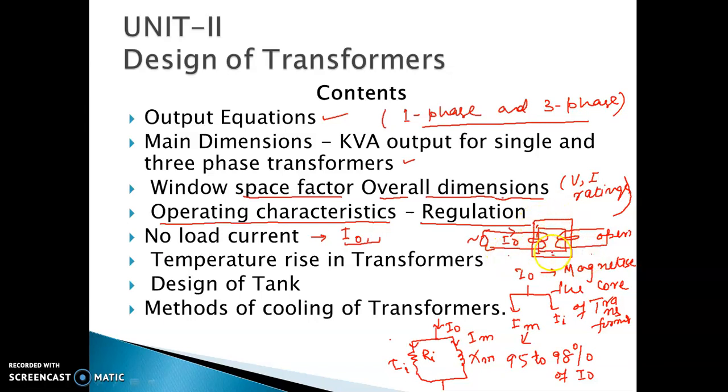The core material must be a good magnetic material, so that most of the flux coming from this side goes into the core, and output voltage is obtained here. In this condition, the secondary side is open, still the primary has some current.